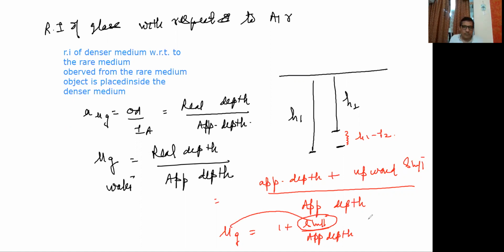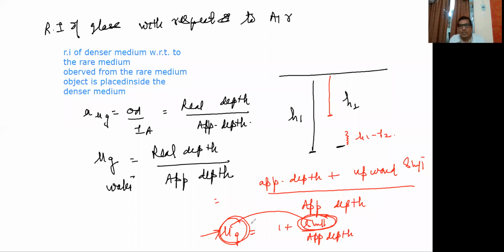So what we see here is that the more a medium shifts the light ray, suppose I take it here, that the shift is more, this value is greater, and the refractive index is greater. Fine, the shift is less, the refractive index is less. And that is why we are calculating the refractive index in terms of shift in the denser medium.